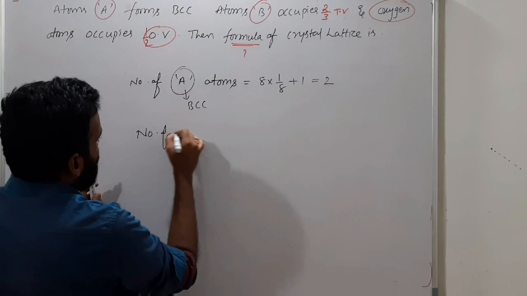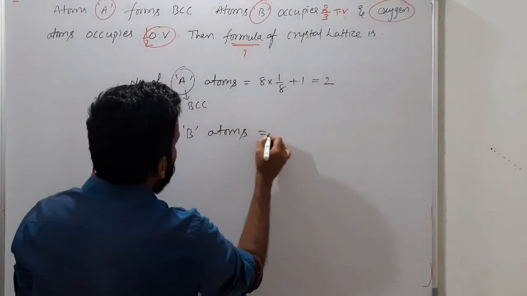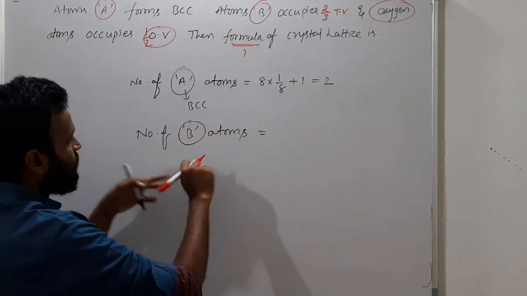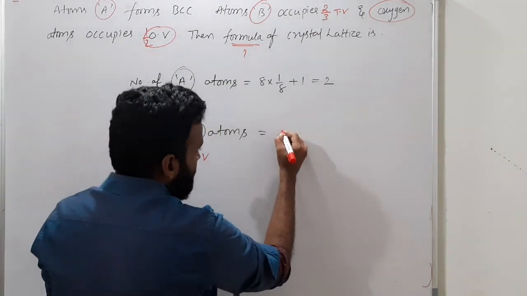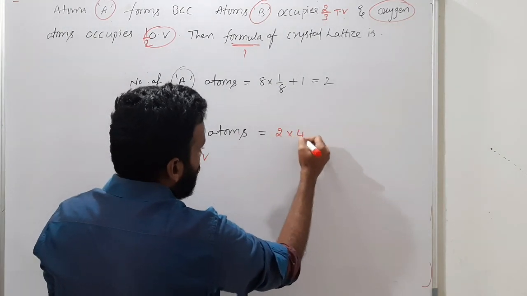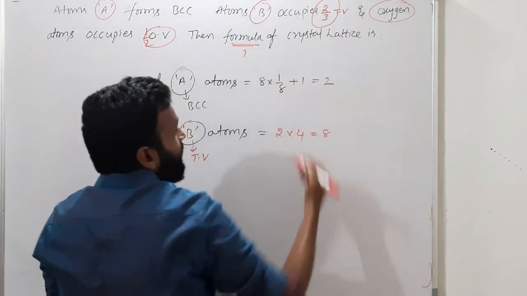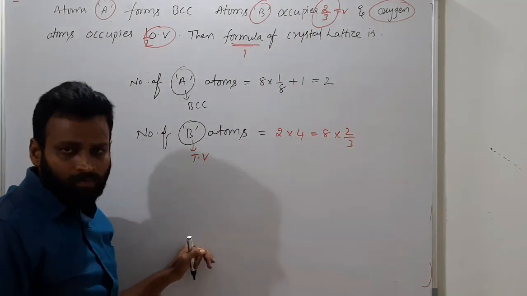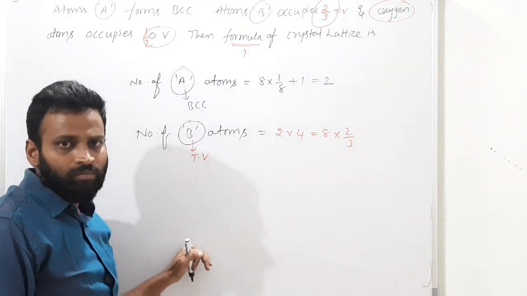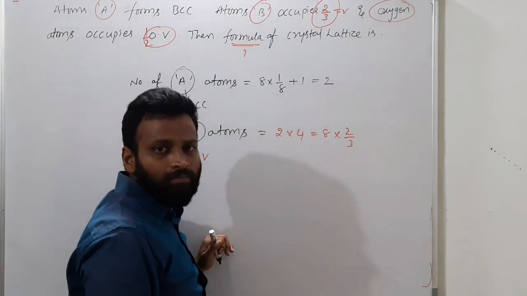Number of B atoms, how many? B occupies tetrahedral voids. How many tetrahedral voids? Actually 2 into 4, that means 8. But only 2/3 of the tetrahedral voids are occupied. So 8 into 2 by 3, which is 16 by 3.